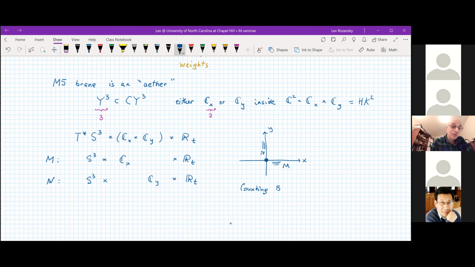So counting BPS states is equal to GLMN Chern-Simons Witten theory on S3.